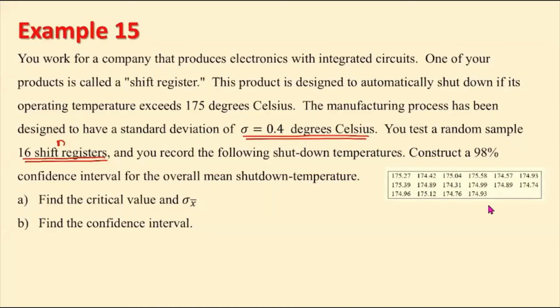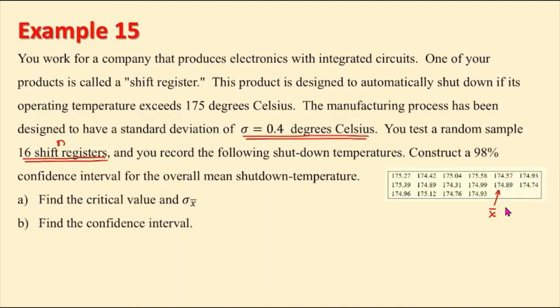So here we have the sample data. What we can do is enter this in our TI-84 calculator and then find the sample mean and the sample standard deviation. The important thing here is the sample mean first.